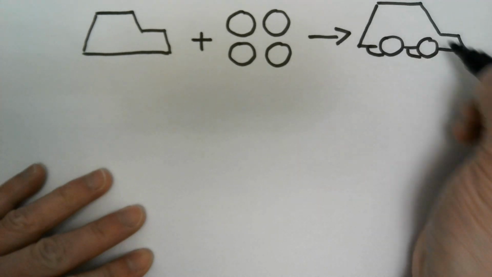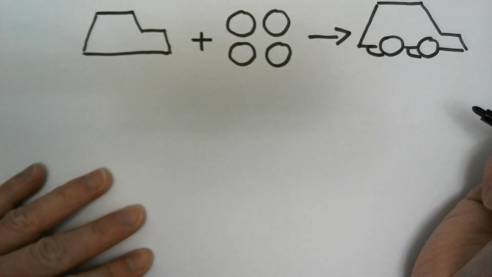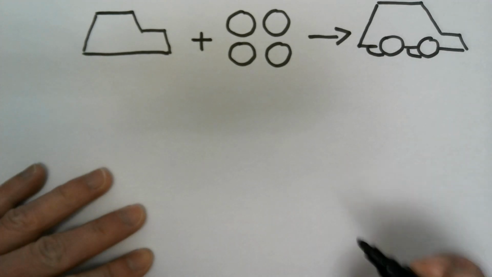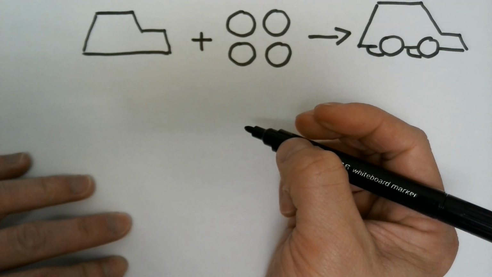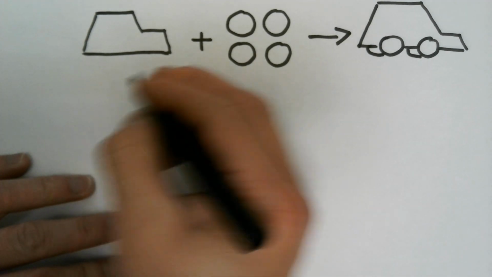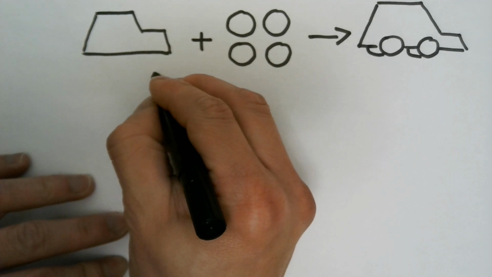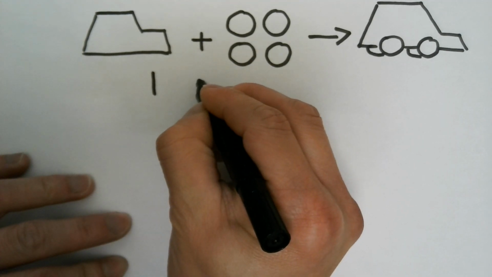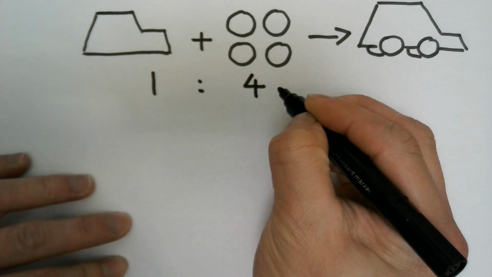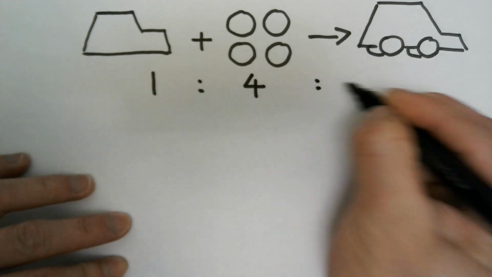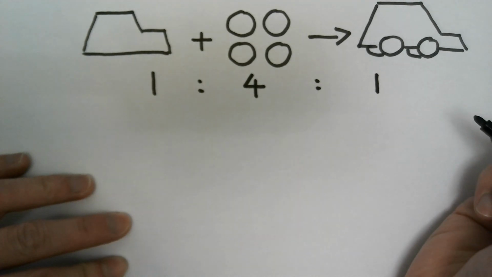So there's a car body and you've got your four wheels there. So if we look at it in terms of ratio, I have one car body which requires four wheels, which will make one whole car.